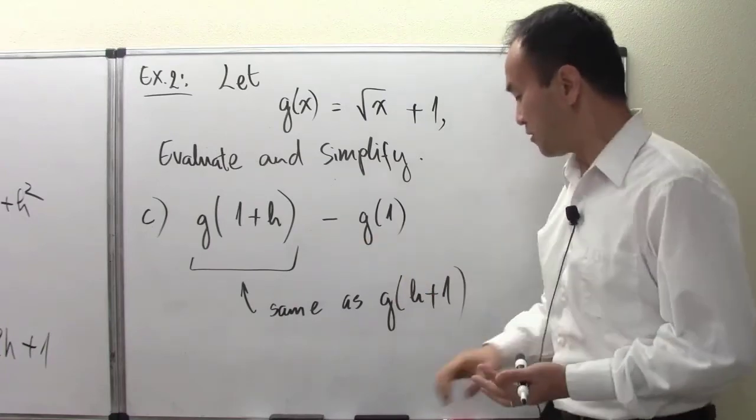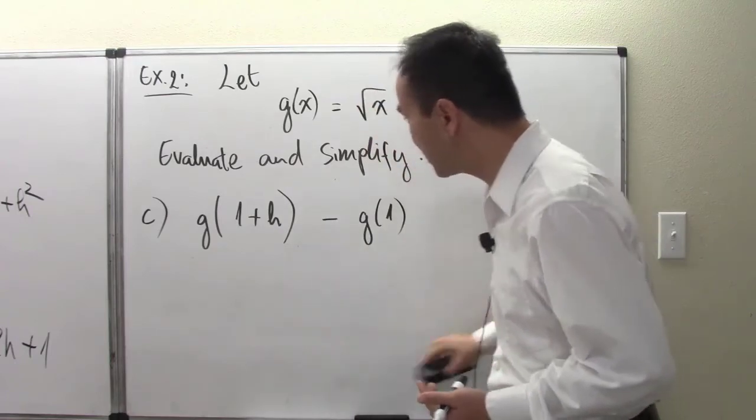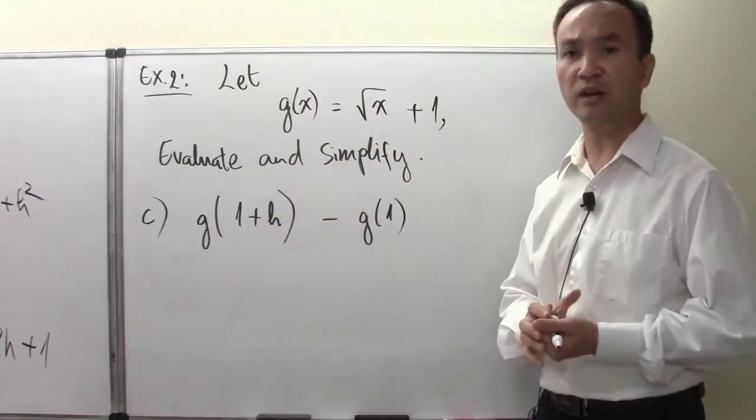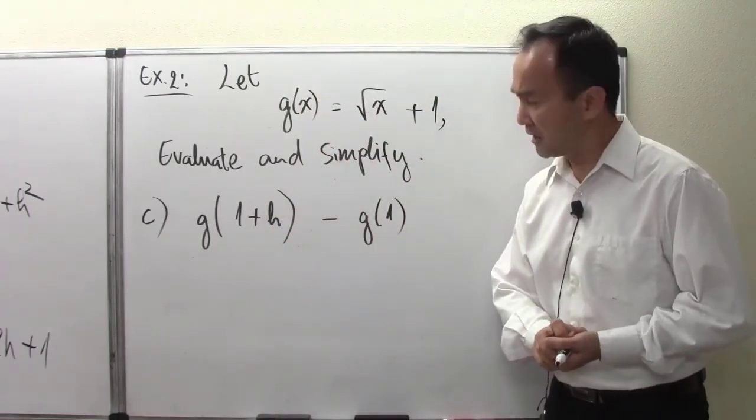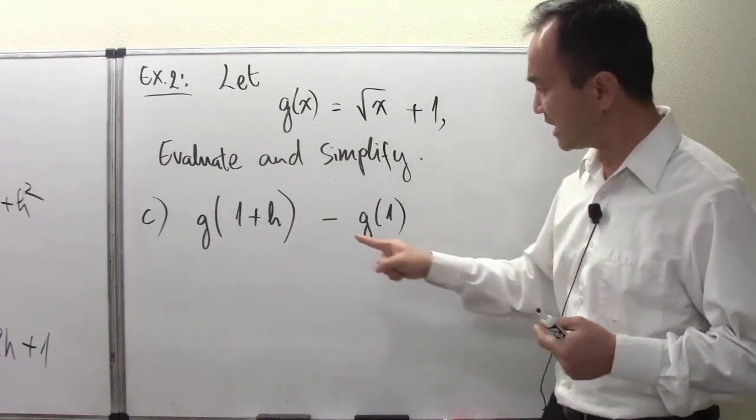So that's something for you to be aware of. Mainly, as the problem in part C, this is the setup we would like to get to. You can see that problems keep getting more and more challenging. But now let's have a look at this.